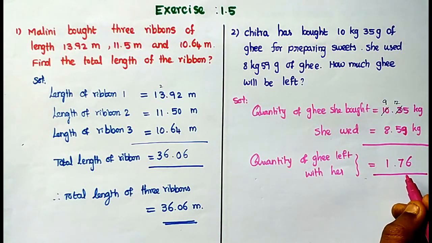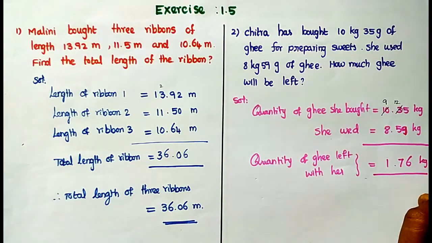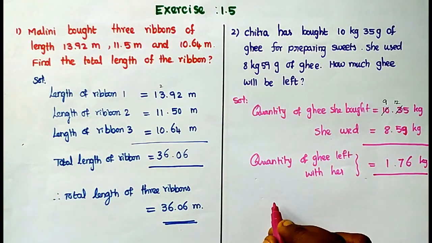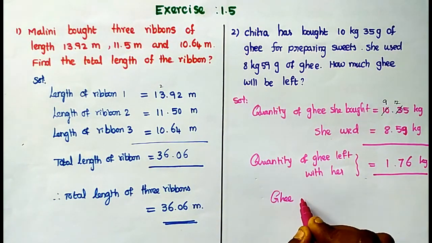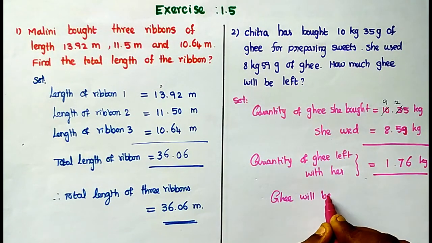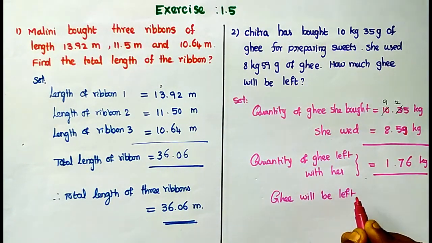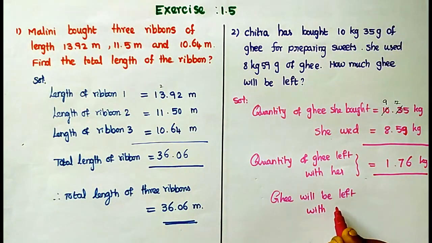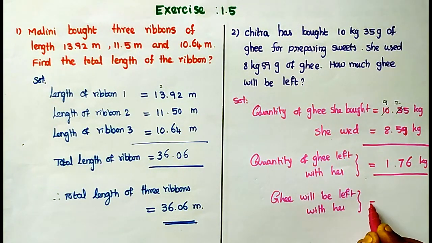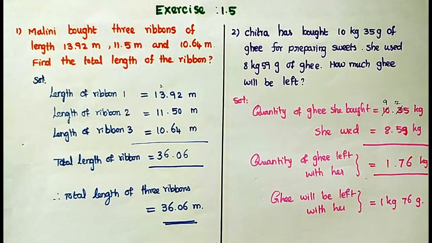So 1.76 kilogram. Ghee will be left with her, how much? 1 kilogram 76 gram. That is the answer.